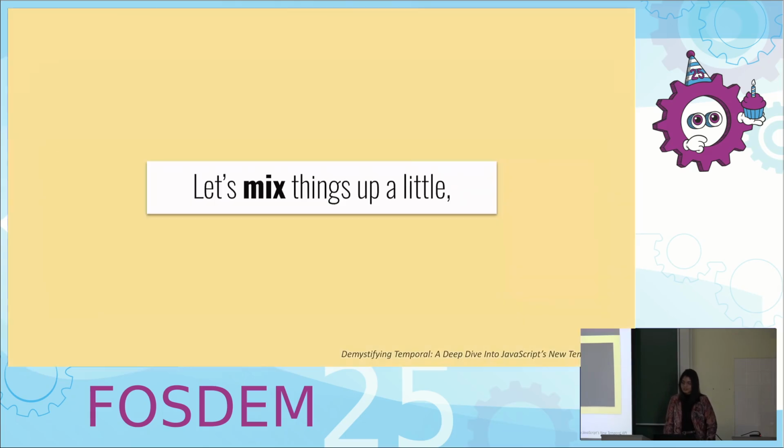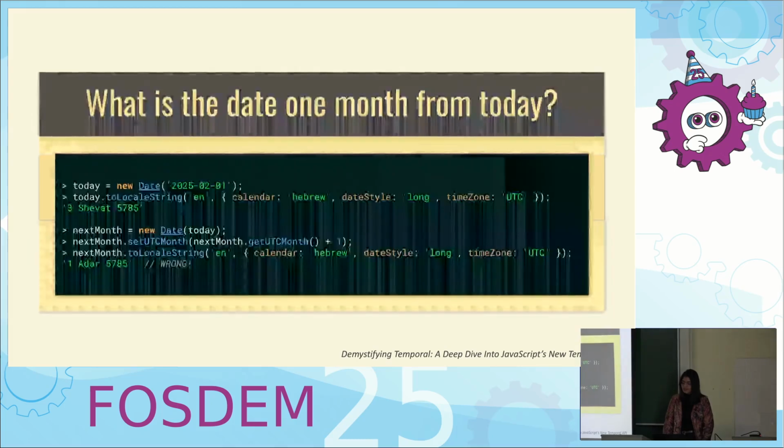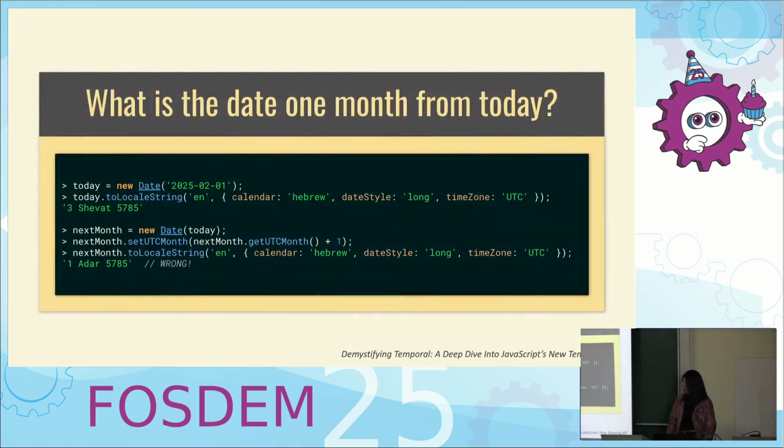Moving on to the second example, which is a pretty simple question. What is the date 1 month from today? Okay. In the legacy Date object, you would do something like this, where you take today's date, which, the date here is yesterday's, but you can take today's date or whatever date, and then you can easily print it using the toLocaleString method, but that's not good enough.